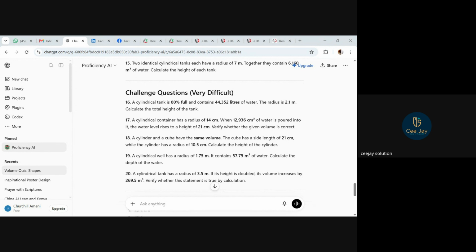The water level rises to a height of 21 centimeter. Verify whether the given volume is correct. I see Joshua says 21 centimeter is correct, the volume is equal to that given in the question. So they want us to verify.